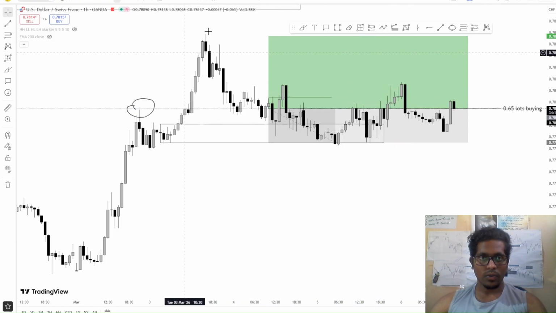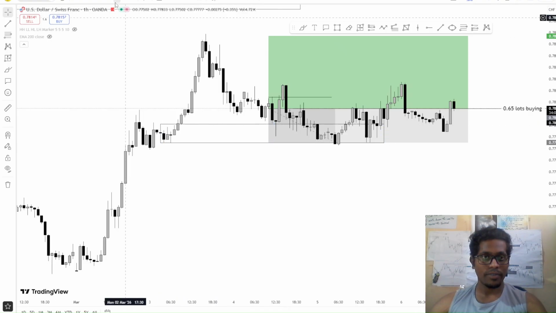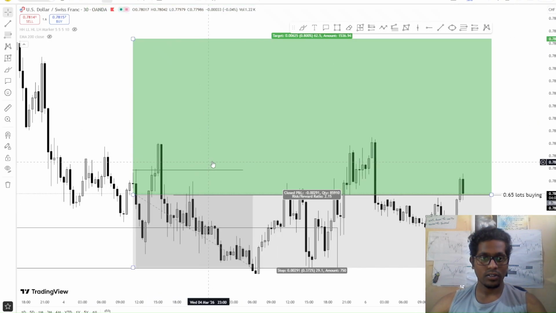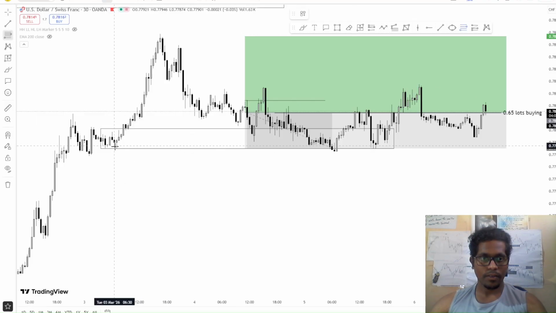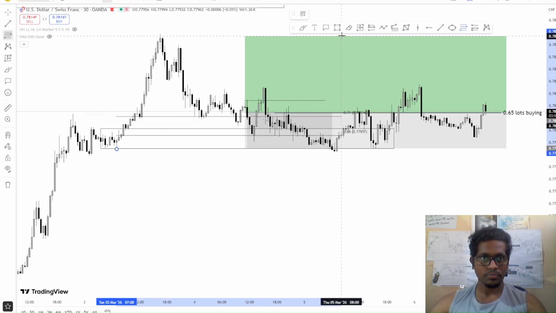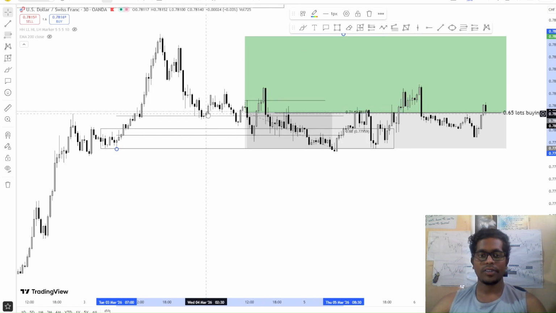Then we draw our Fibonacci levels in 30 minutes. When I draw my Fib level from here, I got a confirmation retracement level by 2:30 morning on Wednesday.